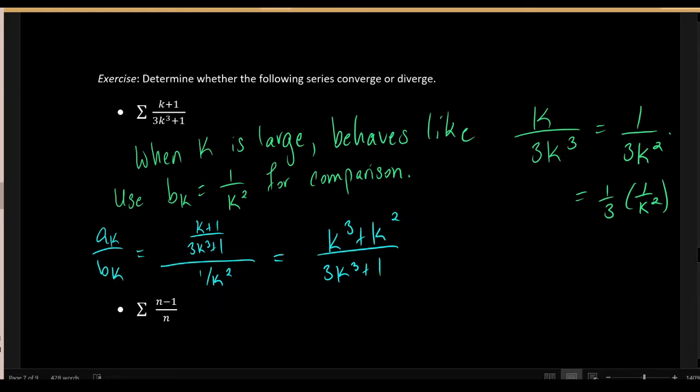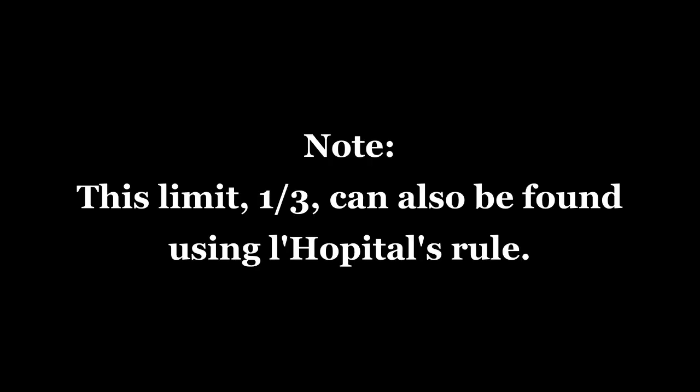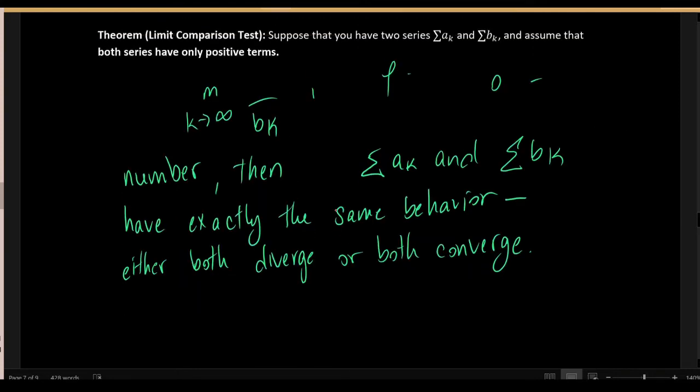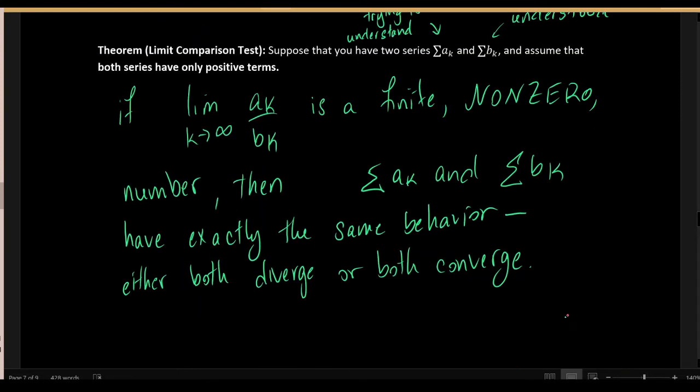Now, as k goes to infinity, this rational function begins to approach the ratio of its leading terms. In our case, k cubed over 3k cubed, which is the number 1/3. Now this number is non-zero, it's larger than 0, but it's also finite. We have satisfied all the hypotheses of this test.